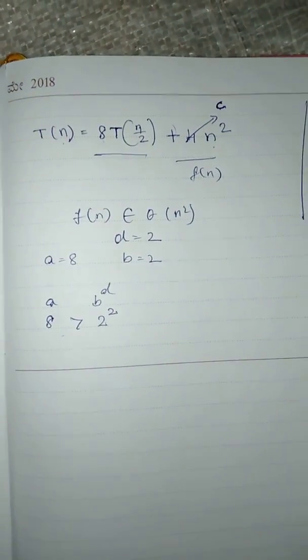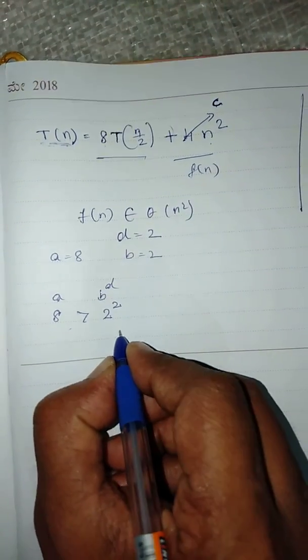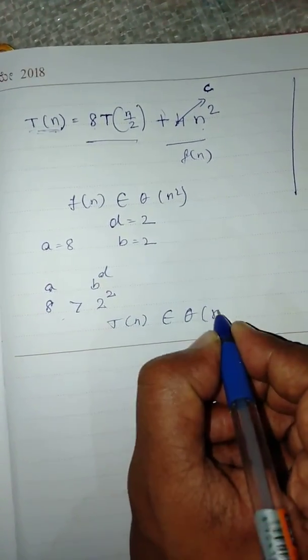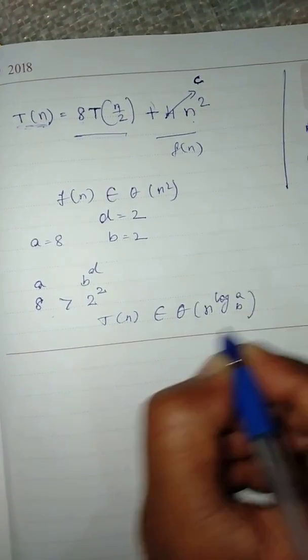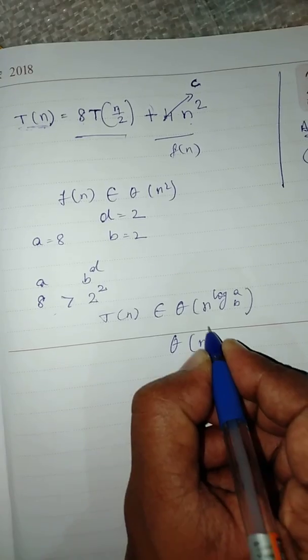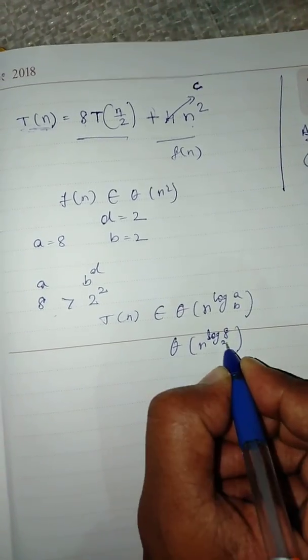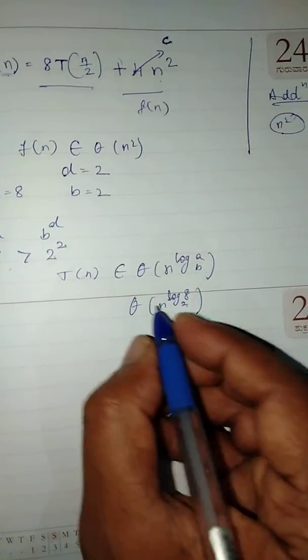If that is the case, then T of n belongs to big theta of n to the power log a to the base b, which is nothing but big theta of n to the power log 8 base 2. What is log 8 base 2? Log 8 base 2 is 3.